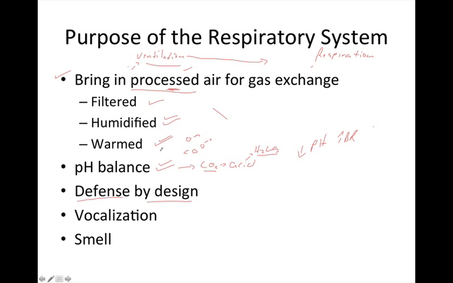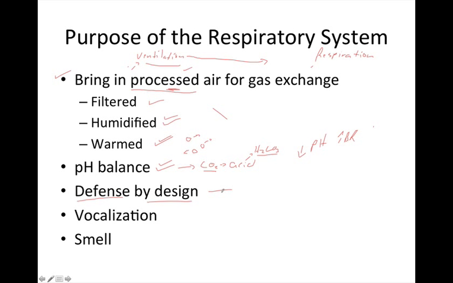So the main airways of our respiratory system, called the conducting airways, which I'll elaborate on more in a bit, are heavily lined with mucous membranes, ciliated epithelial cells. Remember, mucus is a really sticky substance.